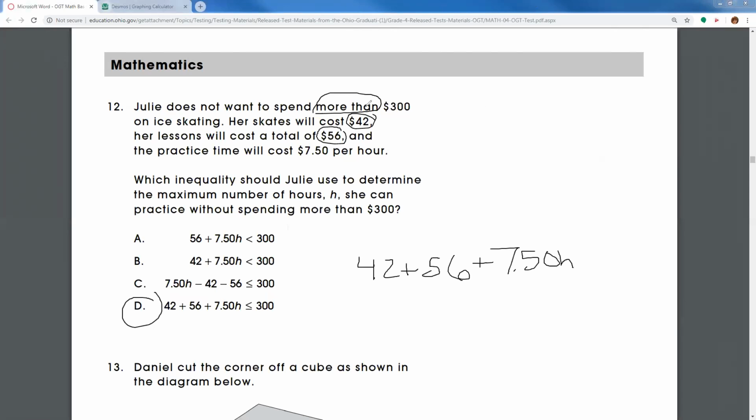So the words more than actually mean less than or equal to. It's kind of a weird word because you expect the word more to mean greater. But when it says more than, that actually means less than or equal to. So if you knew what more than meant, you could say it's not A or B, they have the wrong inequality symbol.